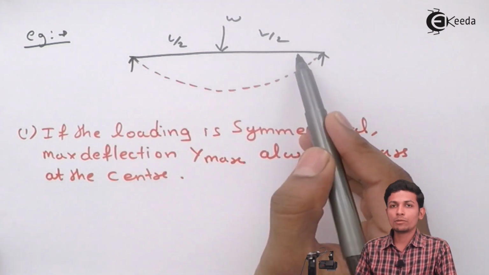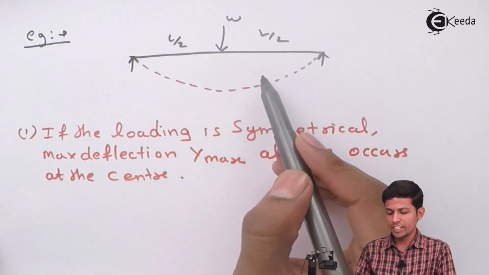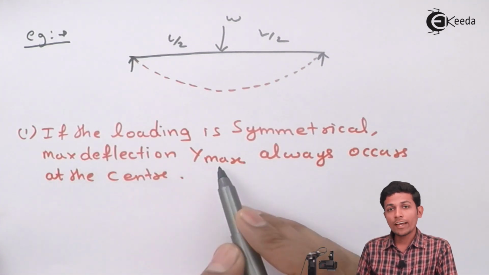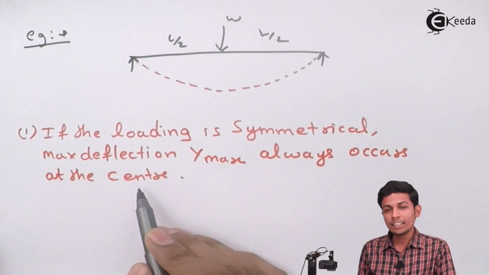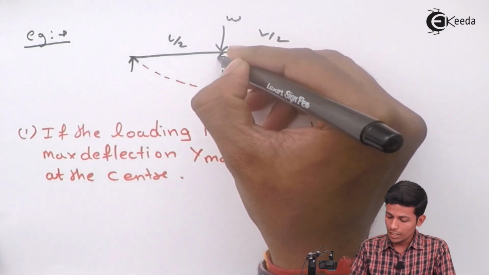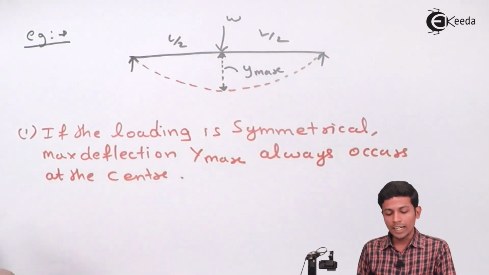This is a diagram of symmetrical loading. If you are applying a load W symmetrically at equal distances, the maximum deflection y max always occurs at the center. Means we have to find the deflection part over here, which is nothing but our y max at the center.